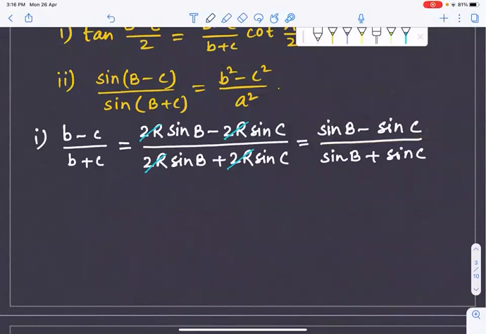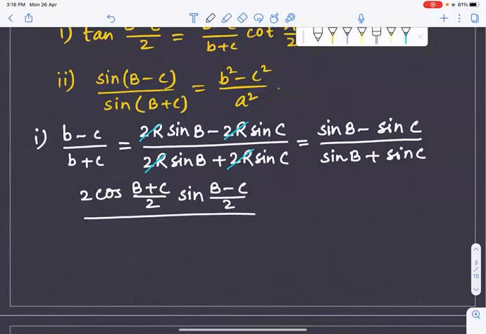So this will be equal to 2 cos (B plus C) by 2 into sin (B minus C) by 2, divided by 2 sin (B plus C) by 2 into cos (B minus C) by 2.